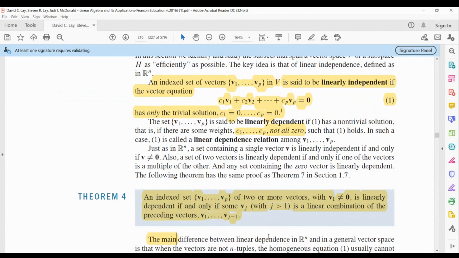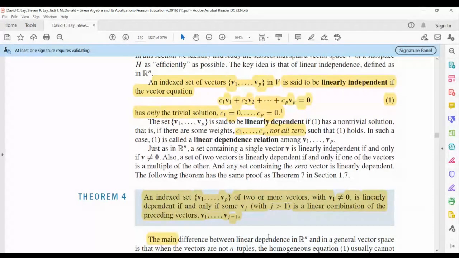I think that's intuitive, because if you have vectors that are linearly dependent, that means they're related to each other by the fact that some of the vectors in the set are linear combinations of other vectors. Actually, I want to be careful how I say that. Actually, every vector in the set would be a linear combination of a set of other vectors in the set.